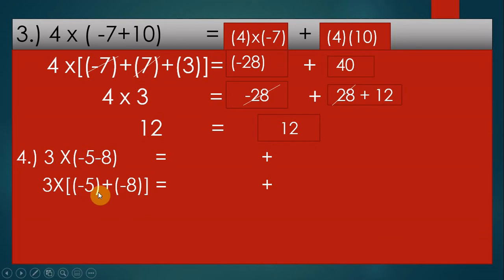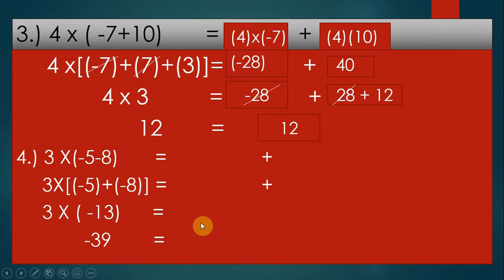So they are all negative. If we associate this with deposit and withdrawal, these are all withdrawals. So a withdrawal of 5 and a withdrawal of 8 yields a withdrawal of 13. So negative 13 times 3, the answer is negative 39. It's because negative times positive is negative. 3 times 13, that's 39.